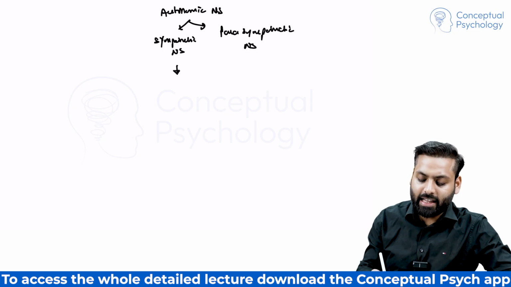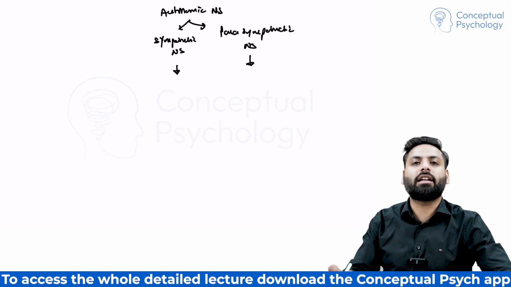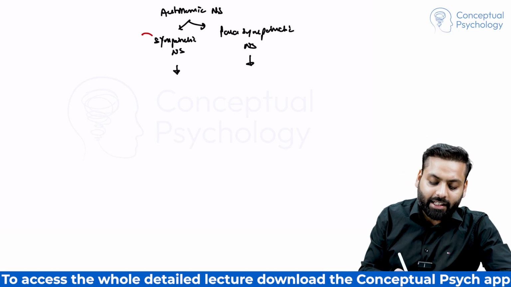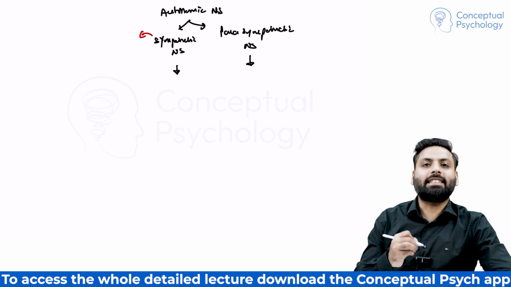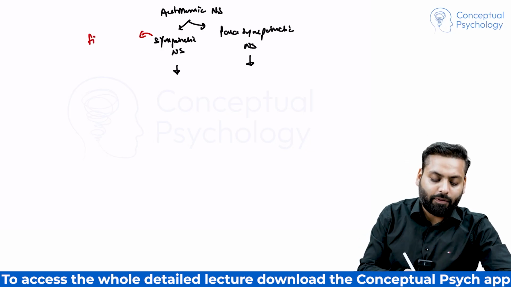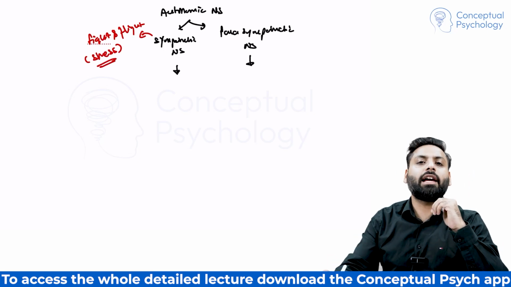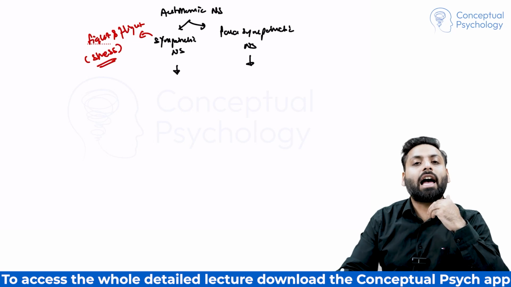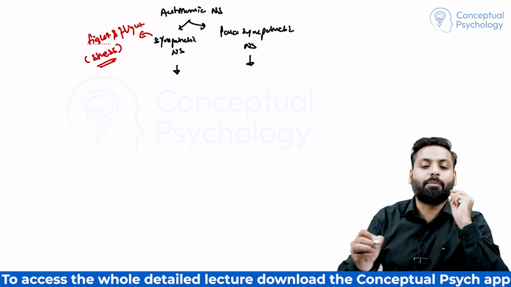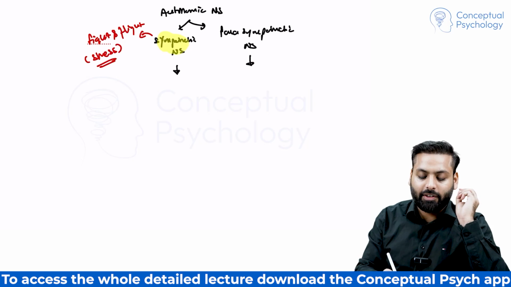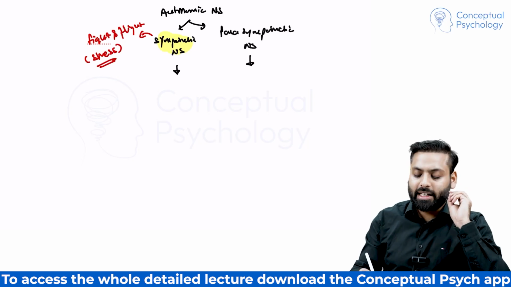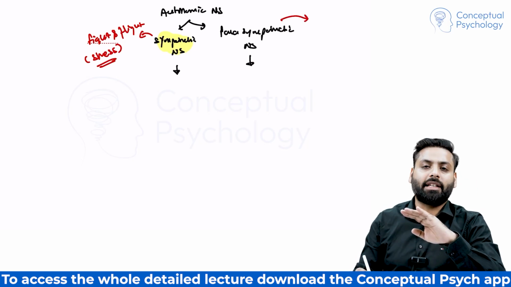One basic difference that you need to remember for your understanding is that the sympathetic nervous system is the one which gets activated during the phase of fight and flight, that is, during stress. Let's say a dog is running after me and I am scared of the dog, so I will also run. This is stress for me. My sympathetic nervous system gets activated, whereas the parasympathetic nervous system is the opposite.